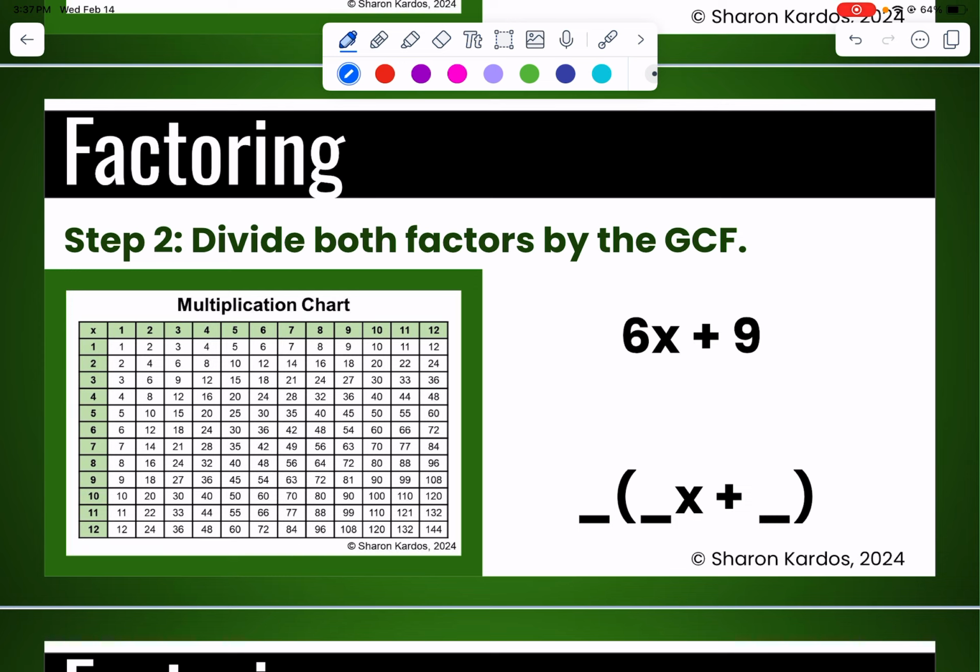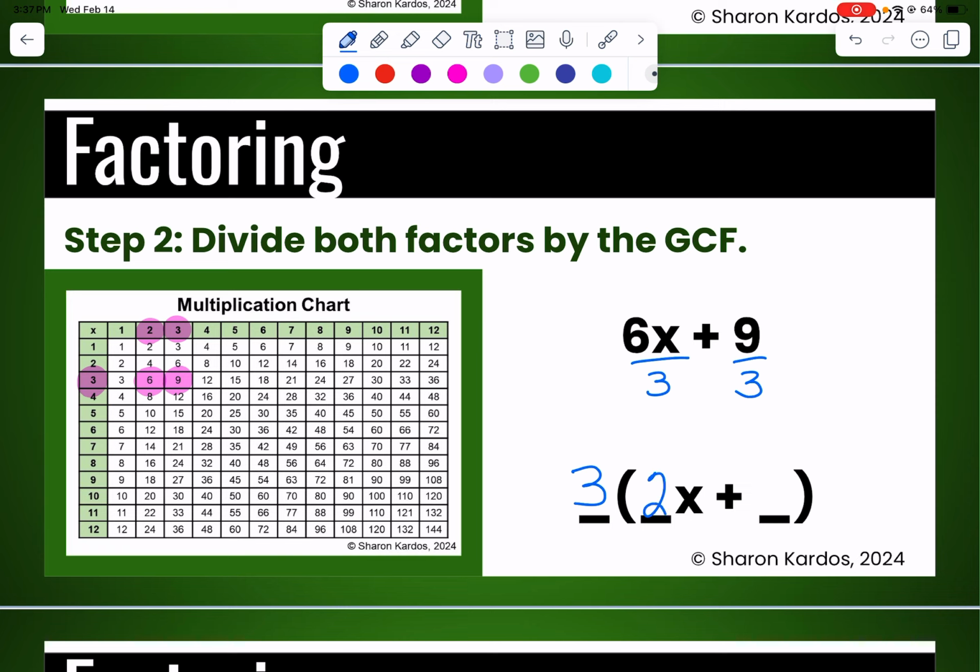Let me just highlight them one more time. We said it was row 3. So the 3 is my greatest common factor. It goes outside the parentheses, and it's what I'm going to divide both of these terms by.